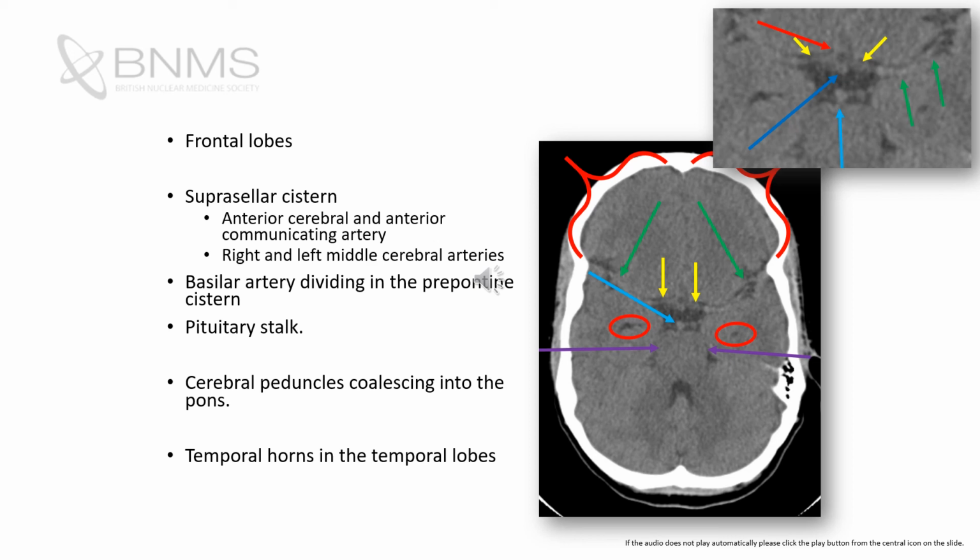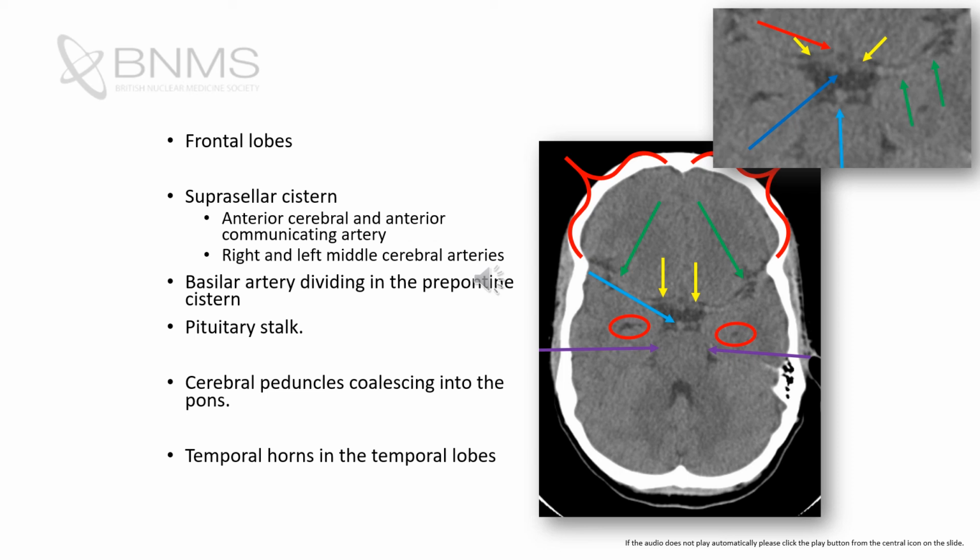The light blue arrow shows the basilar artery. The basilar artery is coursing upwards from the prepontine cistern into the suprasellar cistern, and then dividing into the right and left posterior cerebral artery.